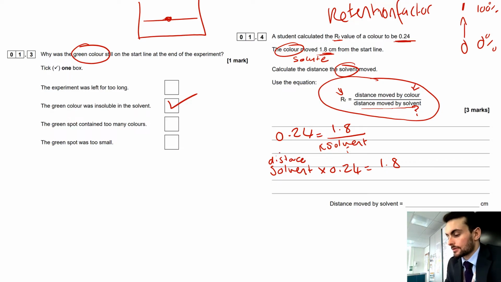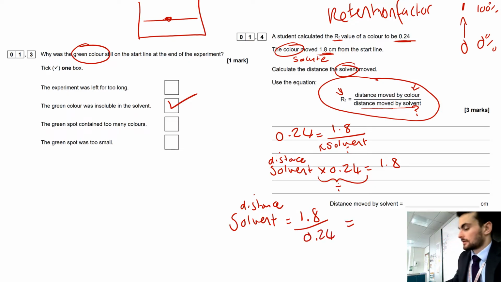Then we rearrange. So what's the opposite of this? It's divide. So then I'll write it under here. The distance travelled by the solvent is 1.8 divided by 0.24, and you should have got 7.5, I believe. 7.5. Just checking. Yeah.